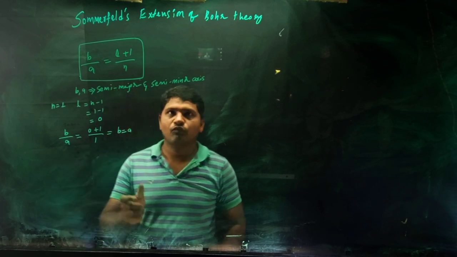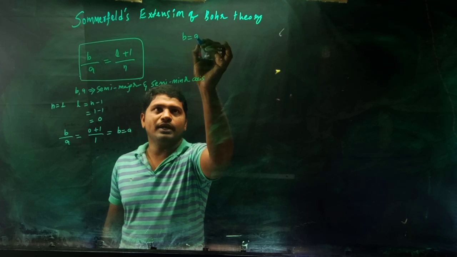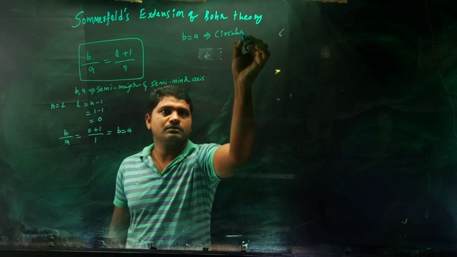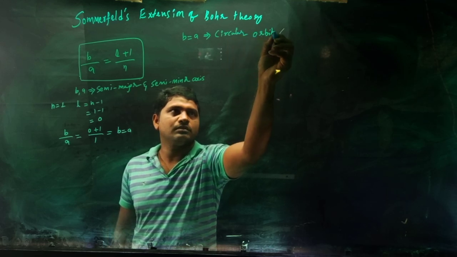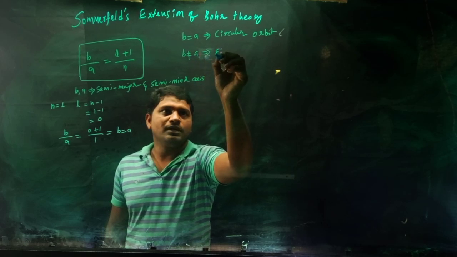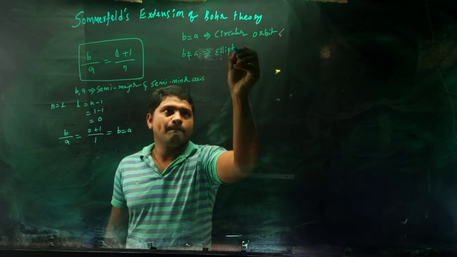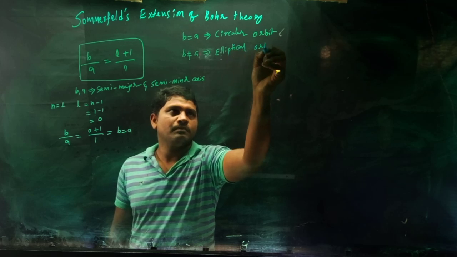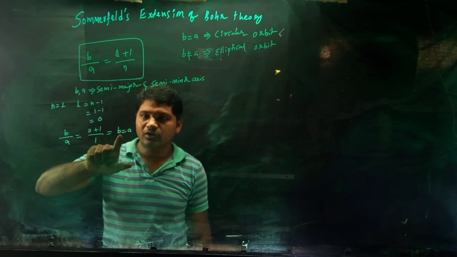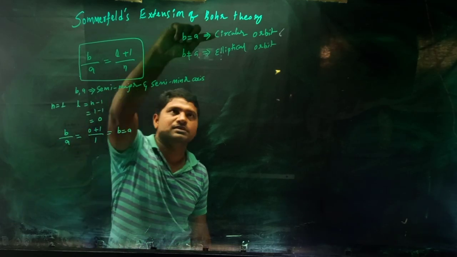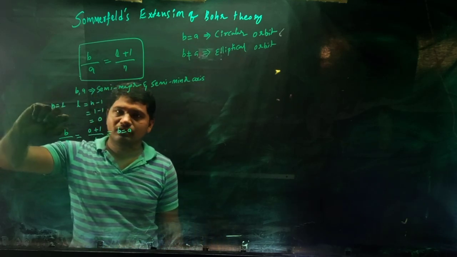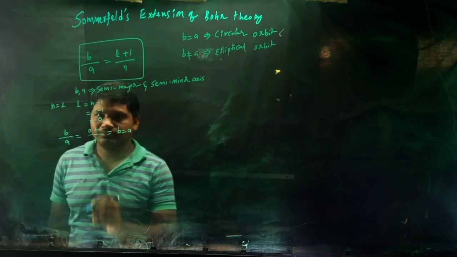The condition is: when b equals a, it is a circular orbit, and when b is not equal to a, it is an elliptical orbit. So when n equals 1, we have only one circular orbit.